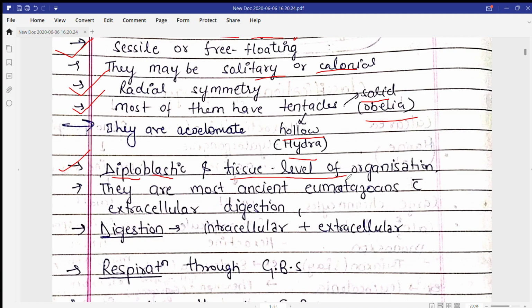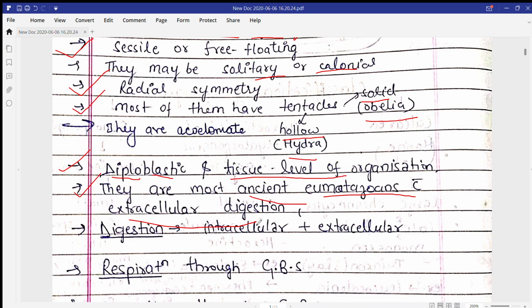While in the Cnidarians, the cells are organized in such a way that they form tissues, and these tissues are responsible for the different functions they perform. They are the most ancient eumetazoans with extracellular digestion.